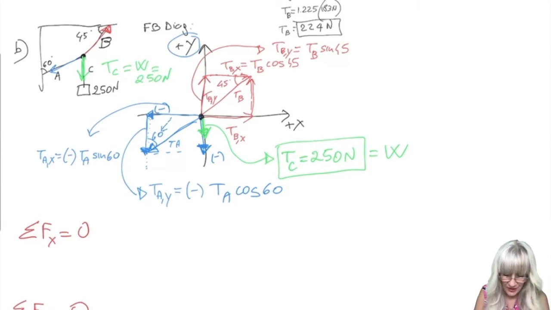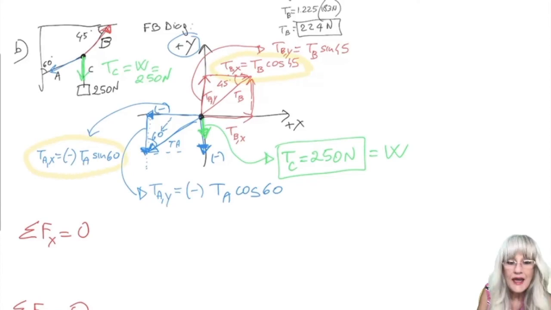Let's do in yellow the x component: TB of x, tension A, x component, and that's it. Let's do the math.